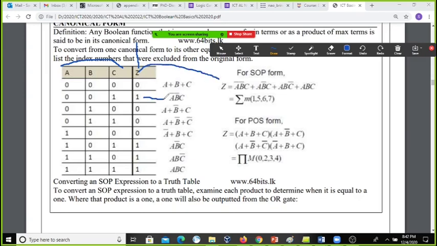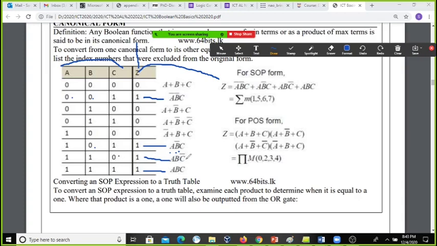This is 1, this is another one, this is another one, this is another one. Then how to get the SOP answer? Just multiply A into B into C, A into B into C, just multiply them together. Then here both A and B are 0, therefore you have to put the bar. In this one, B is 0, you have to put the bar for the B.